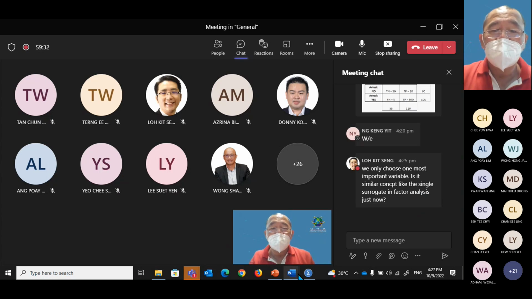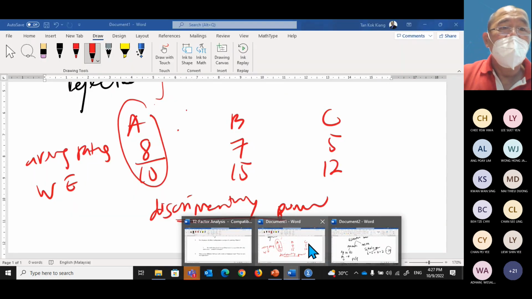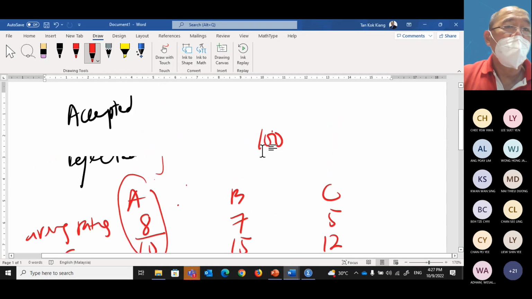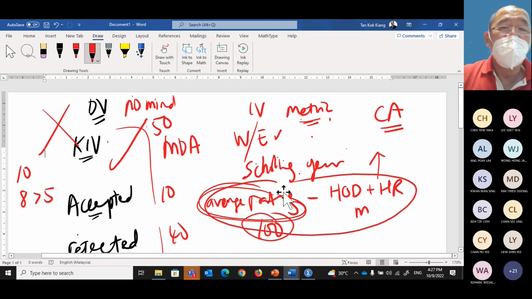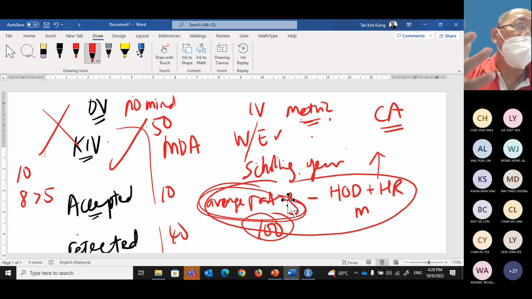Let's say here we have 3 metric independent variables. All are important and must be considered in determining which category the applicant belongs to. But some variables have more power than others.